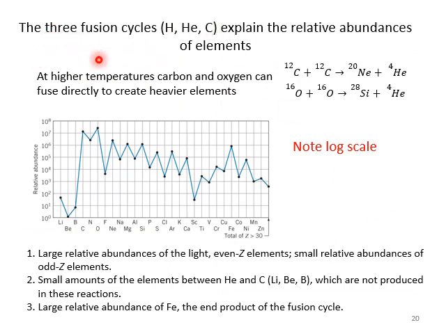Those 3 cycles that I just mentioned, the proton-proton cycle, the helium cycle, and the carbon cycle, can explain the relative abundances of the elements. I mentioned that beryllium is depleted by the formation of heavier elements. All right, so we see that beryllium actually is depleted.